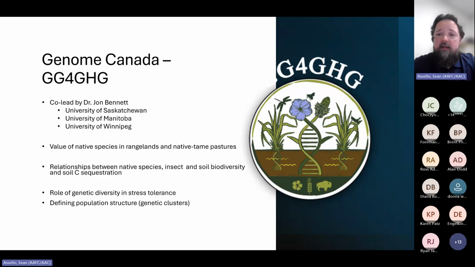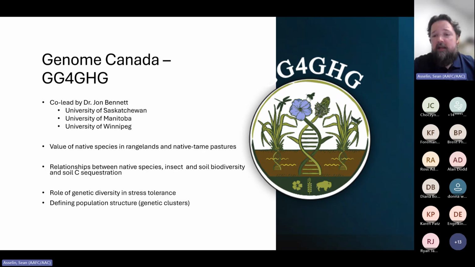And we're looking at the ecosystem services associated with native plant materials. So what value does the inclusion of native plants have within a pasture or within a rangeland? This can include benefits such as hosting beneficial insects, the type of microbial species that are associated with those different native species, as well as what impacts those native species have on carbon sequestration.